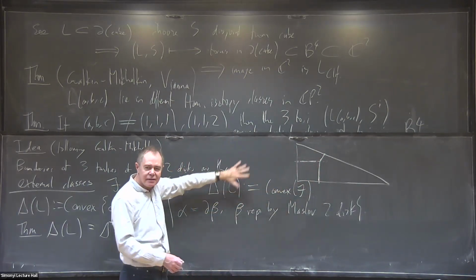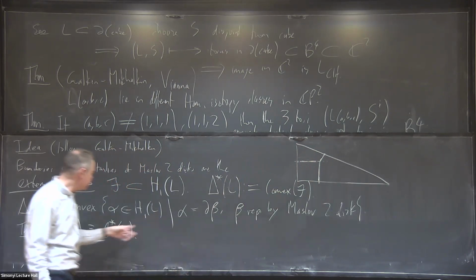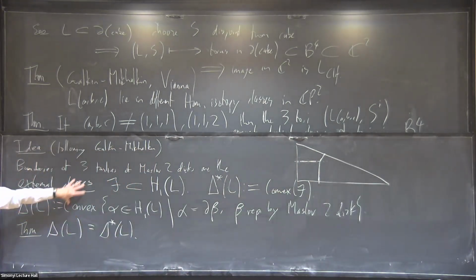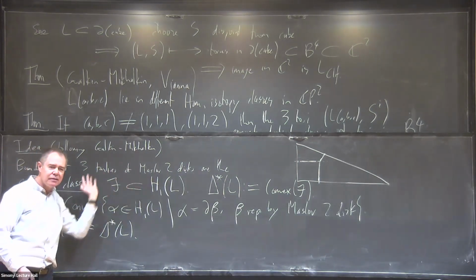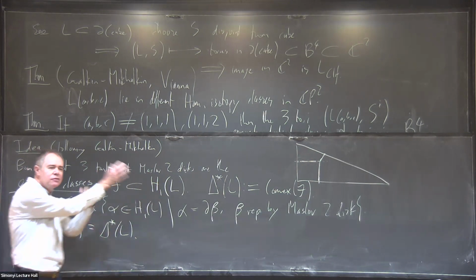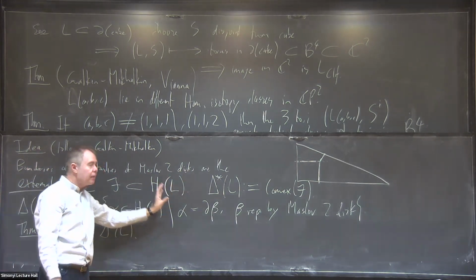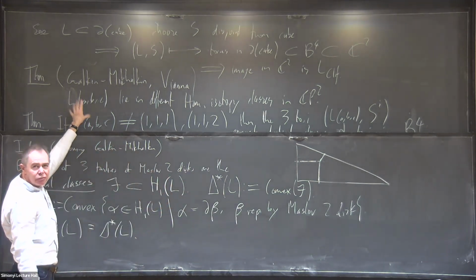But this delta L is a well-known symplectic invariant. If you apply symplectomorphisms, Maslov 2 disks go to Maslov 2 disks, and counts of them are independent of J. So that already proves that.